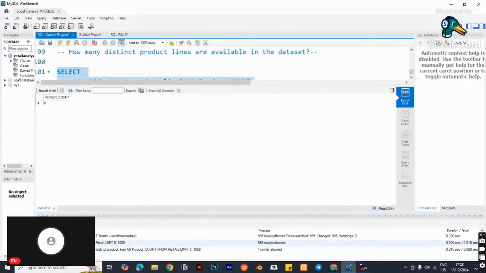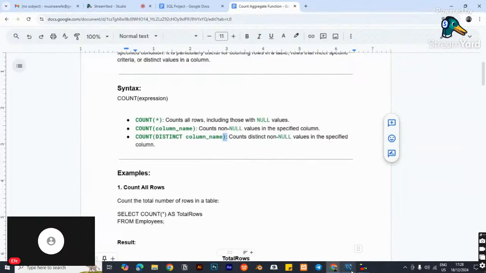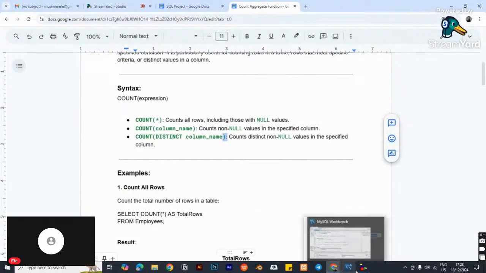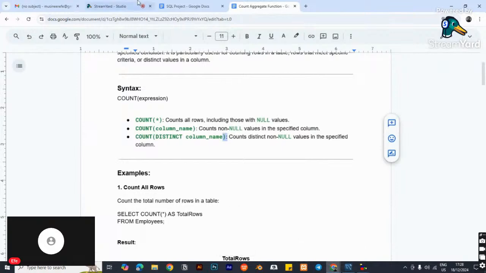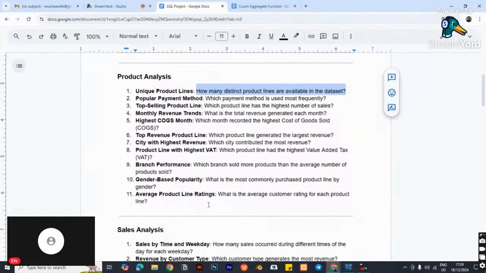Like I said, these are generic questions. The next question will be the popular payment method.